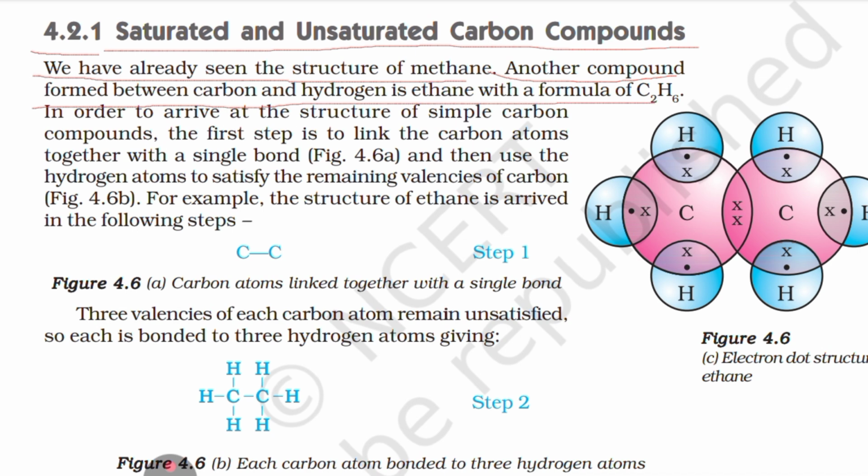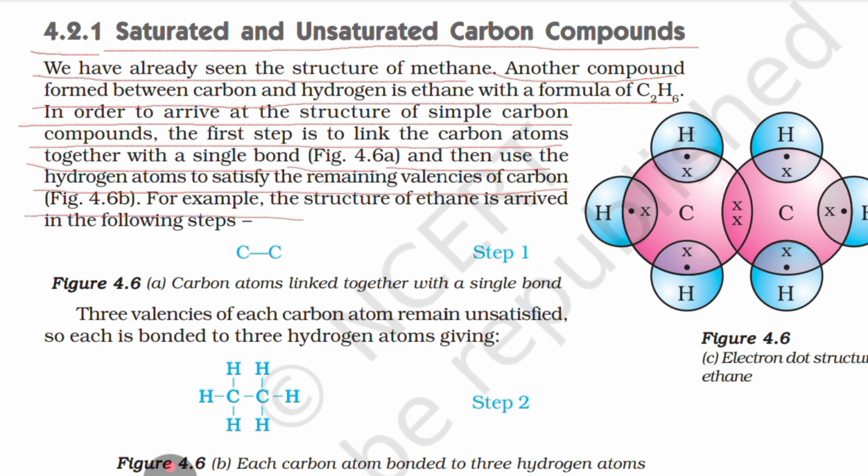In order to arrive at the structure of simple carbon compounds, the first step is to link the carbon atoms together with a single bond, figure 4.6a, and then use the hydrogen atoms to satisfy the remaining valencies of carbon, figure 4.6b.